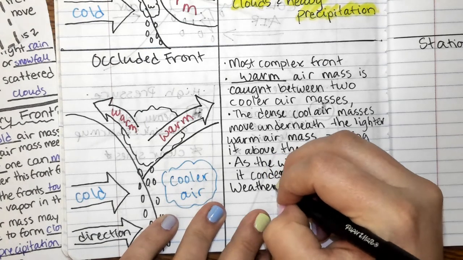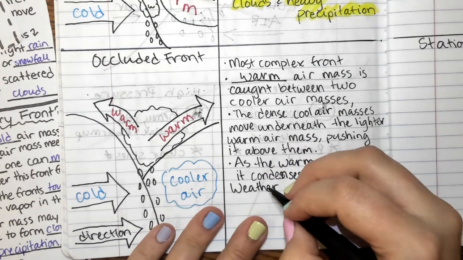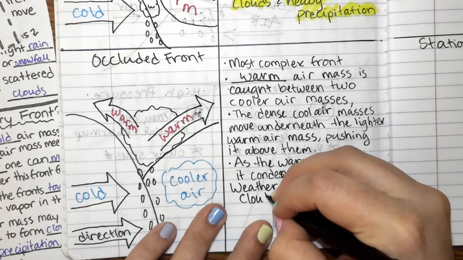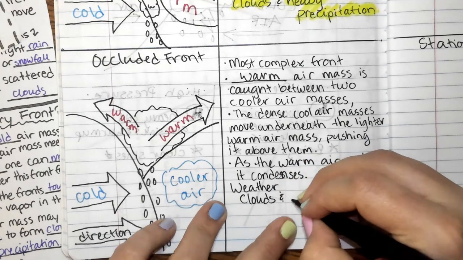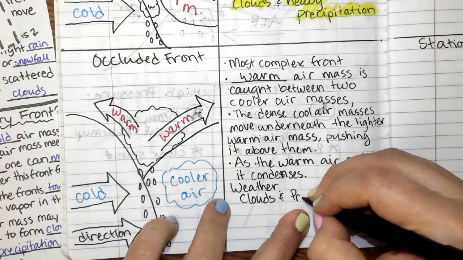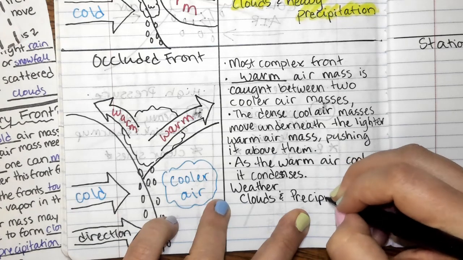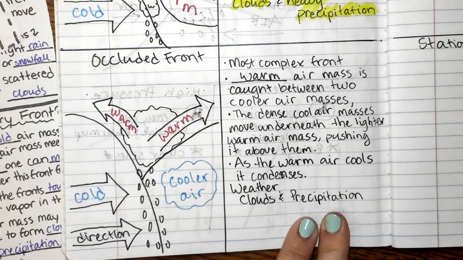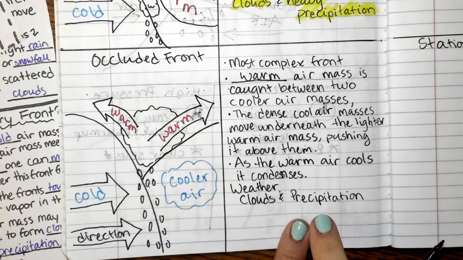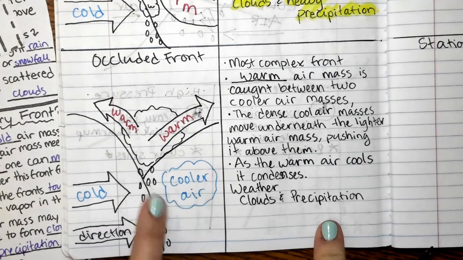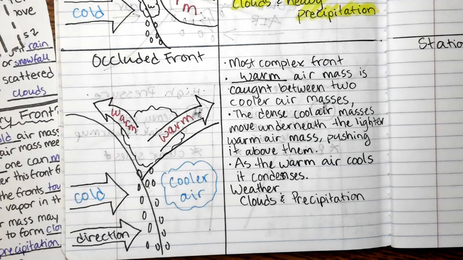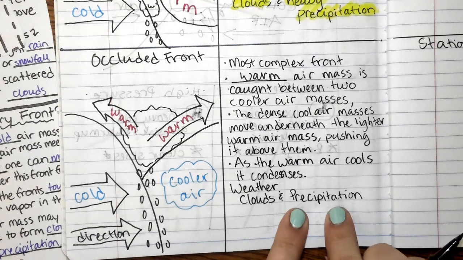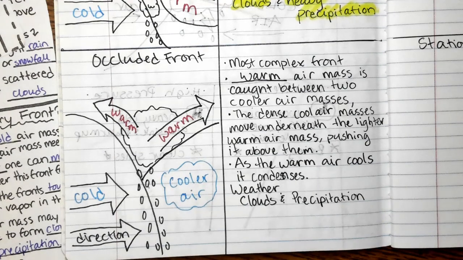The weather we're going to see here is going to be clouds and precipitation. The reason we write precipitation instead of just something like rain is because depending on how cold this air is, it might be snow, it might be sleet, that varies, but those all fall under the word precipitation. That's why we write that one there.